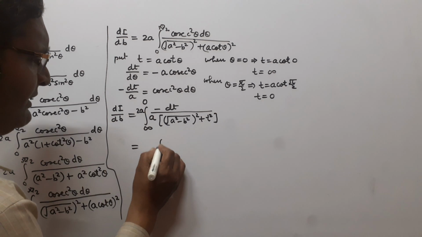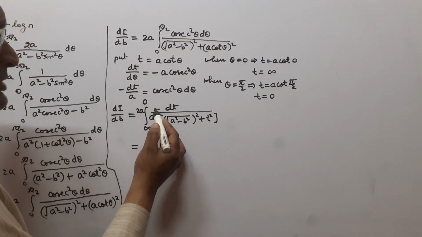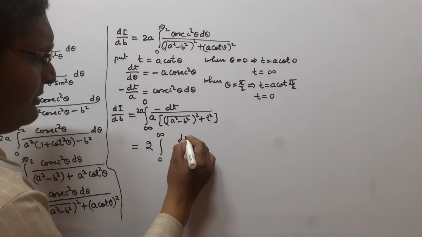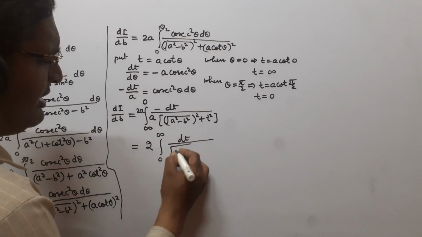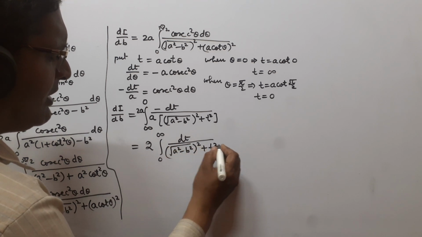So when we change the limit, this integral will be positive because this is minus here, and 2 dt by under root a square minus b square whole square plus t square.